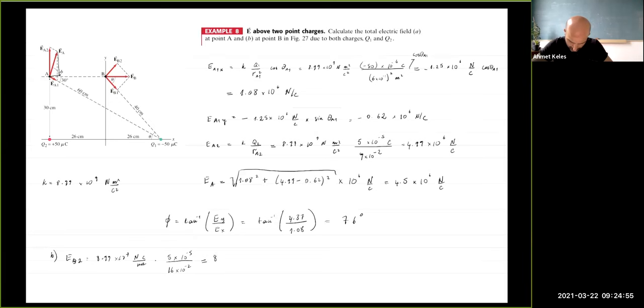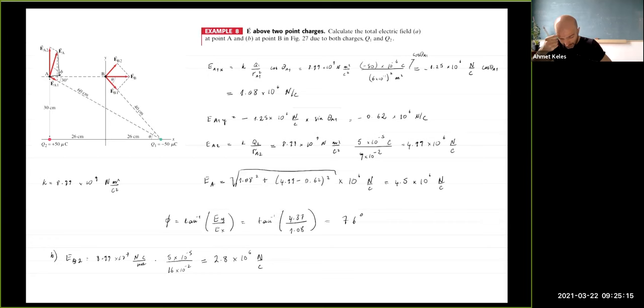This is 2.8. Oops. 2.8 times 10 to the 6 Newton per Coulomb.